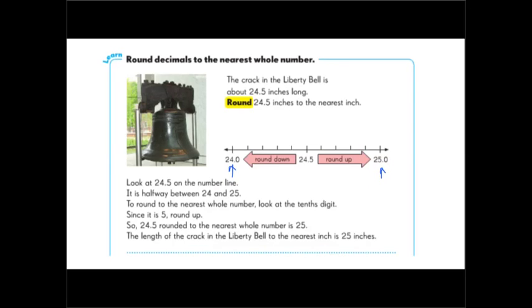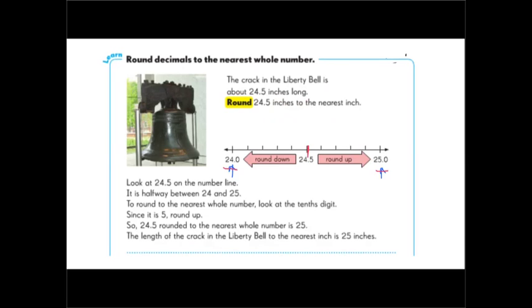Let's look at the question. The crack on the Liberty Bell is about 24.5 or 24 and 5/10 inches long. So let's round 24 and 5/10 inches to the nearest inch. Again, I will point out that we have 24 plus one more whole number is 25, and in the middle is 24.5.